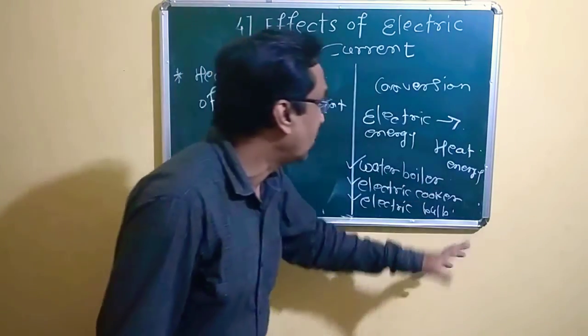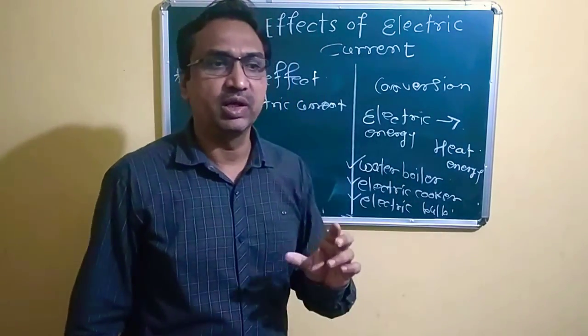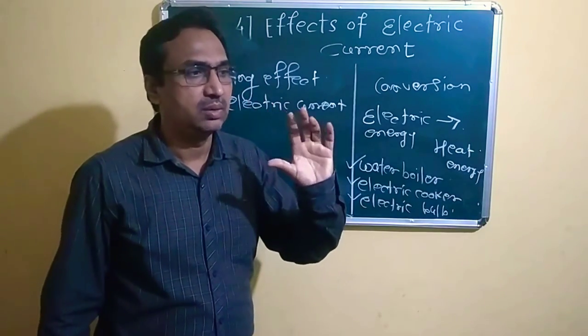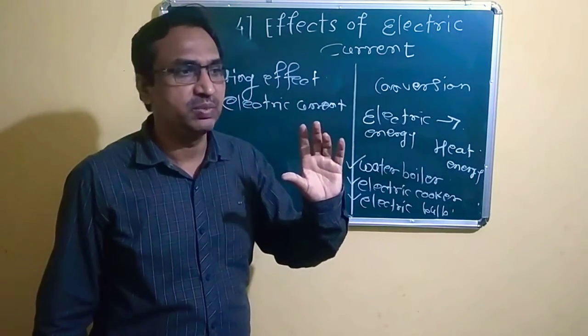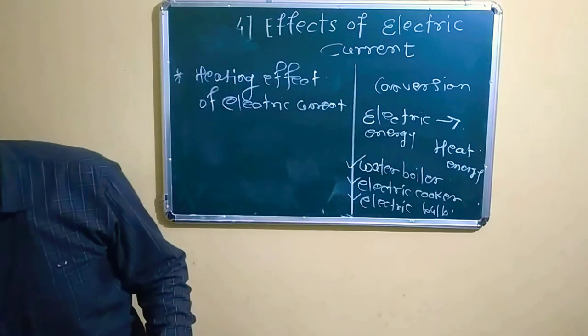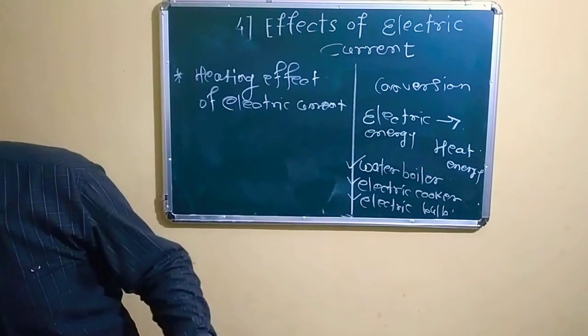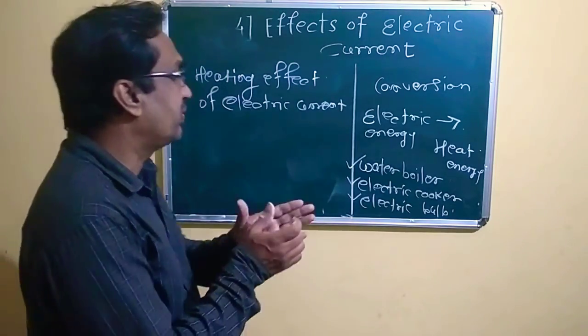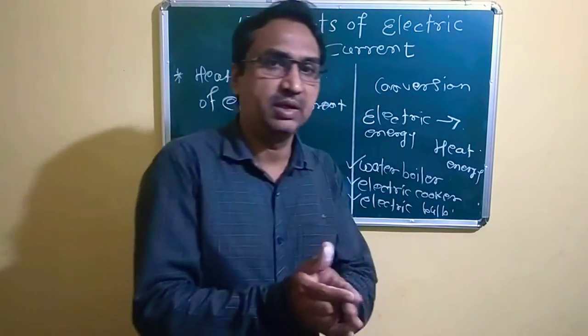A water boiler will contain a resistor. Resistance means we have to use a filament, and the filament is of a particular alloy or metal.